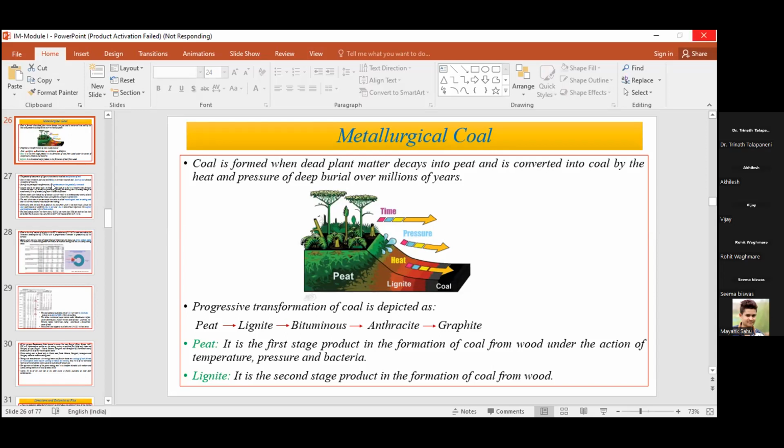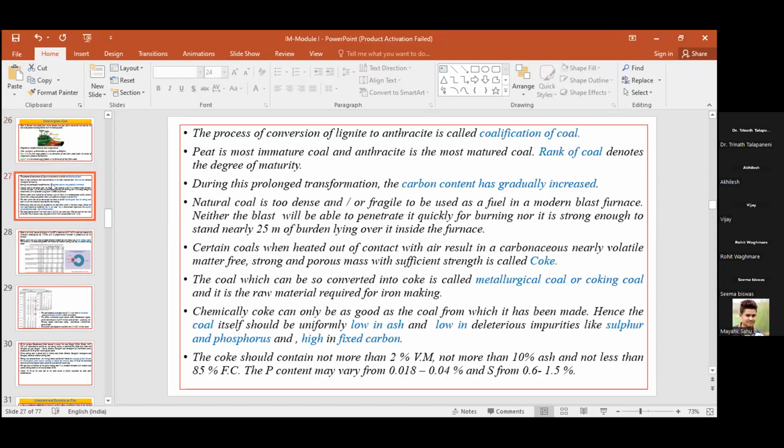So during this transformation from peat to lignite, lignite to bituminous, bituminous to anthracite, and anthracite to graphite, the carbonaceous matter present in the woody mass will be increasing. The process of this conversion of lignite to anthracite is called coalification of coal.